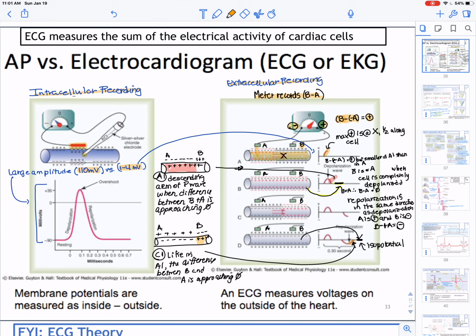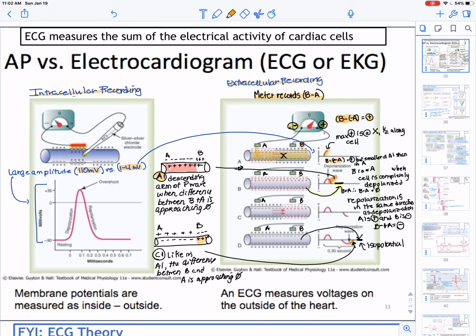Now I want to step you over to A1, and in A1, the electrodes are now measuring that wave that returns to isopotential. And the reason that it does this is because the electrodes now, there's still a difference between A and B, so B minus A, but now the positive amount of B is getting smaller, okay? So that it's approaching zero.